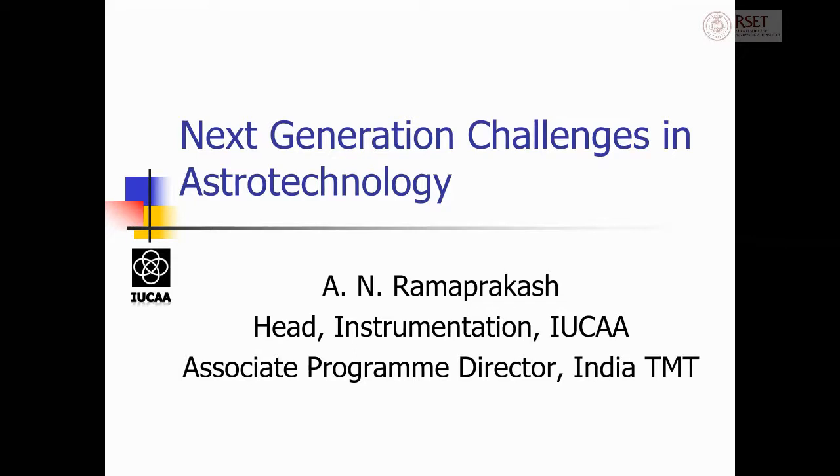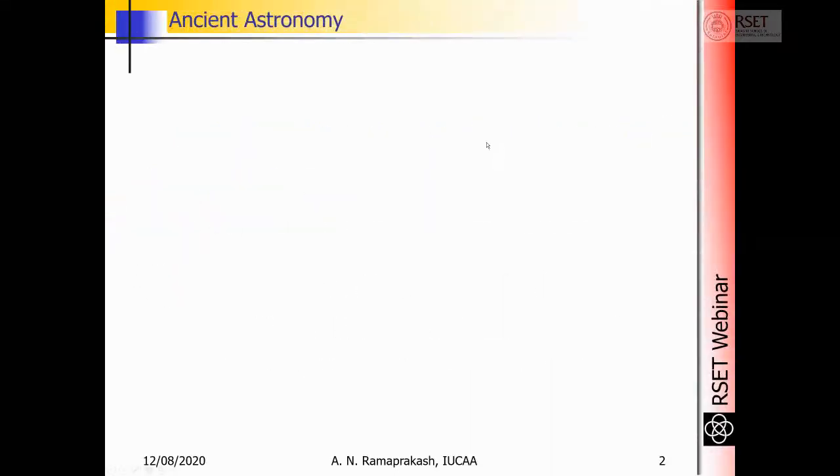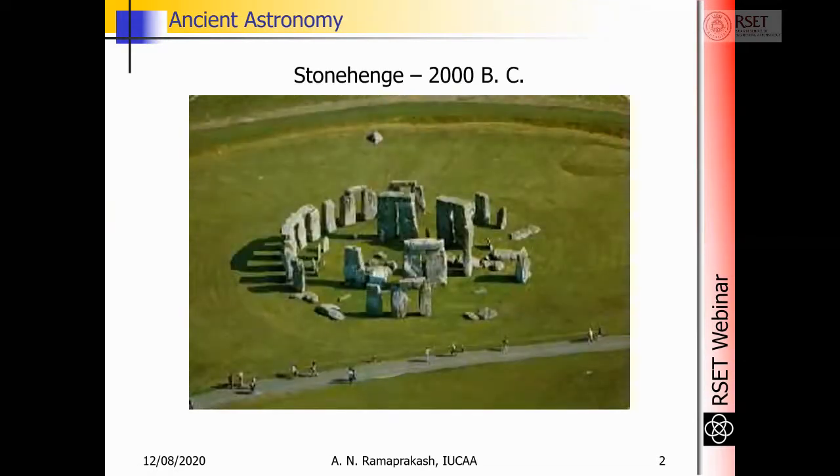So let me, before getting into modern astronomy technology, start with things which have existed in the past. It's just one or two slides. This is the image of Stonehenge in southern England.